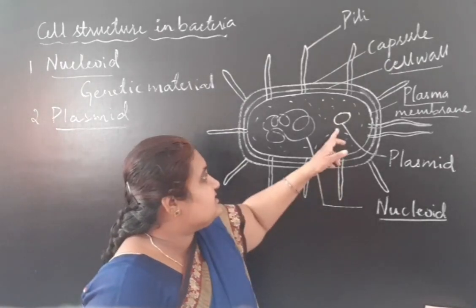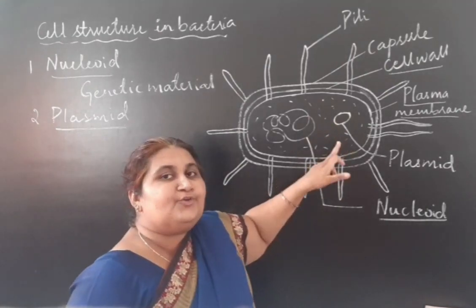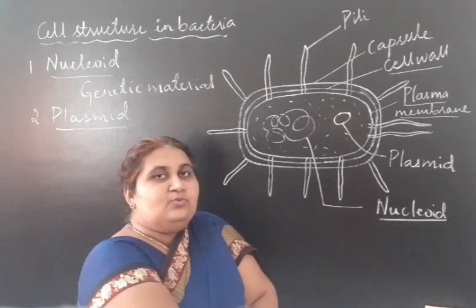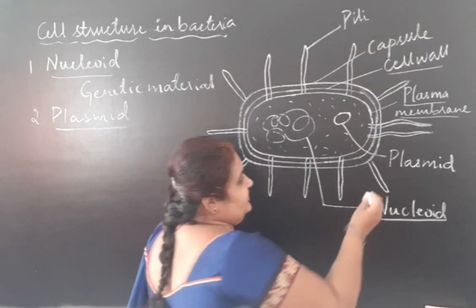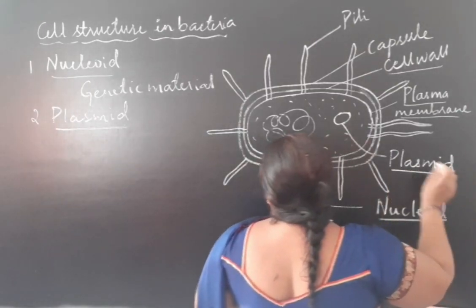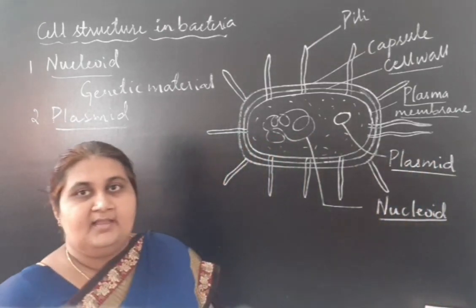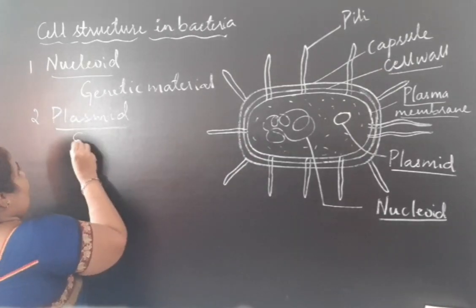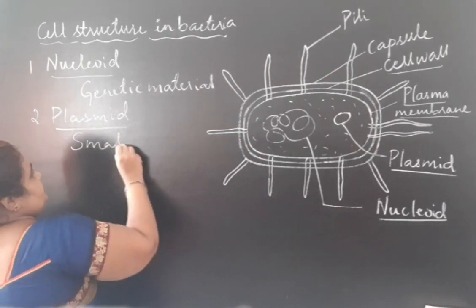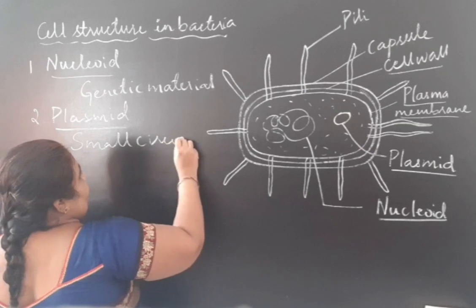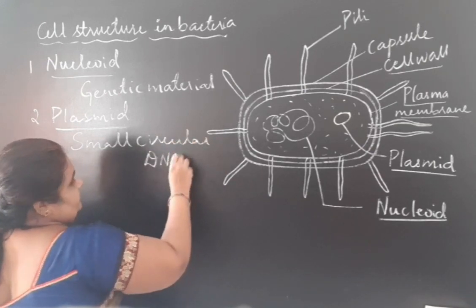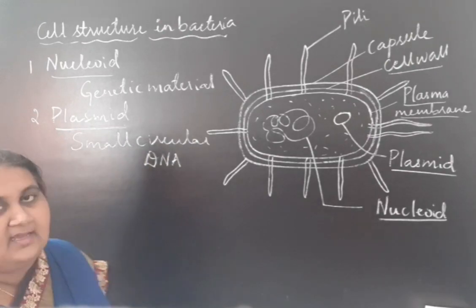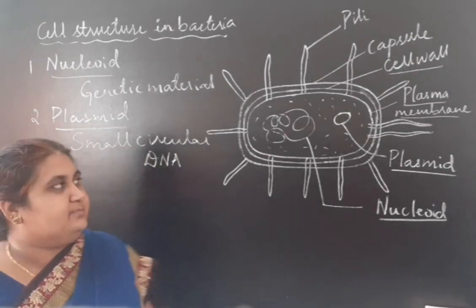Yes, that extra small circular DNA found in the cytoplasm is called plasmid.